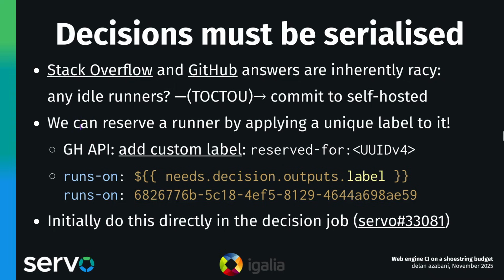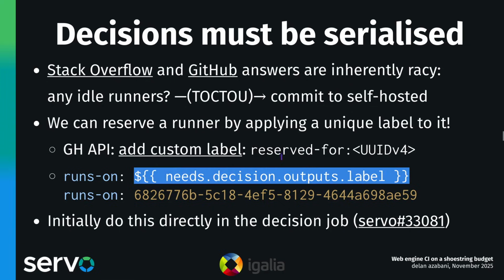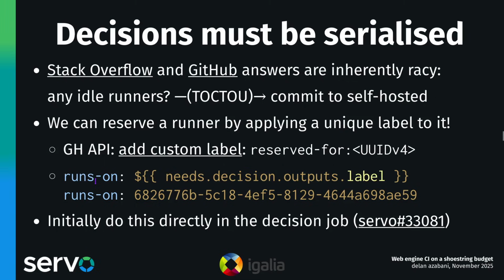So we can start to fix this by actually reserving the runners when we're doing graceful fallback. How we've done it so far is that we've used the GitHub Actions API to label the runner when we want to reserve it, and we label it with a unique ID. Then the workload job can put that unique ID, that label, in its runs-on setting.